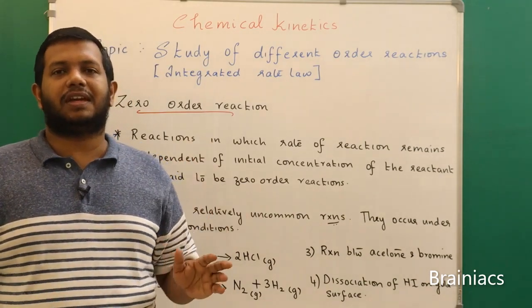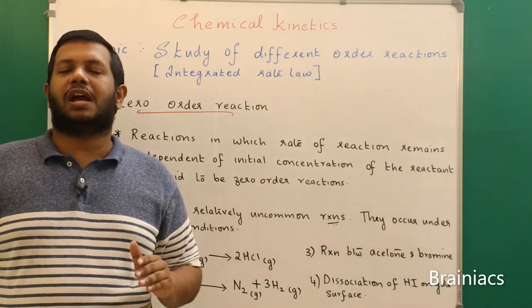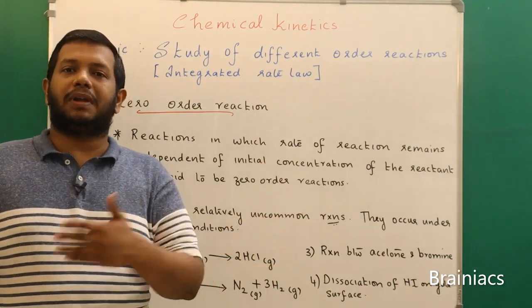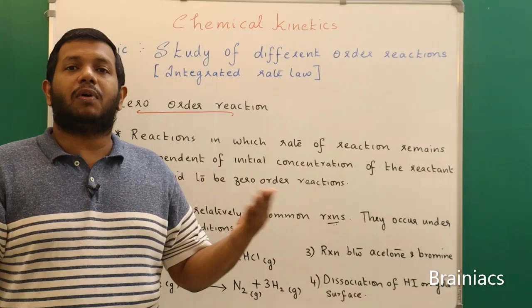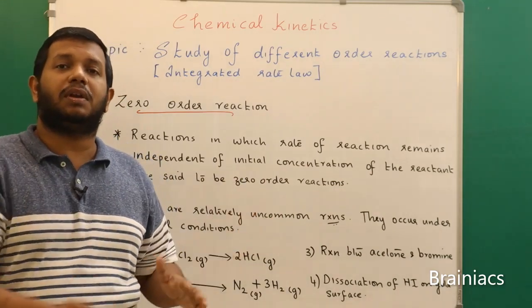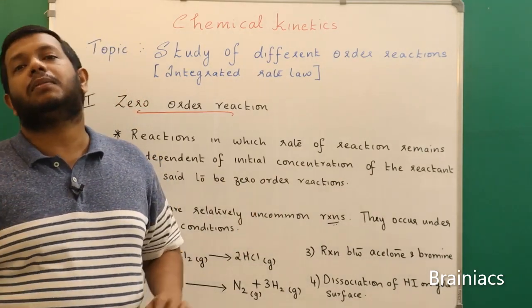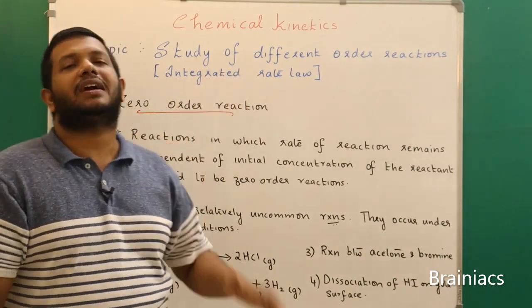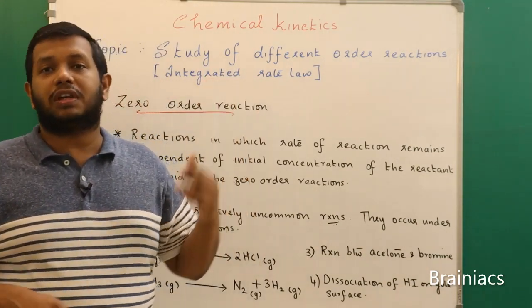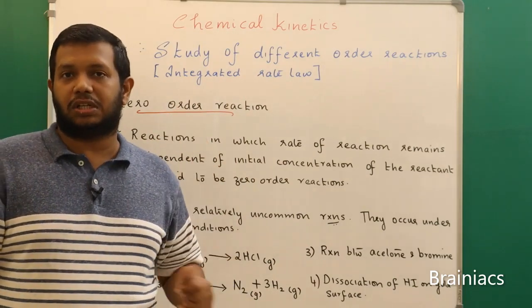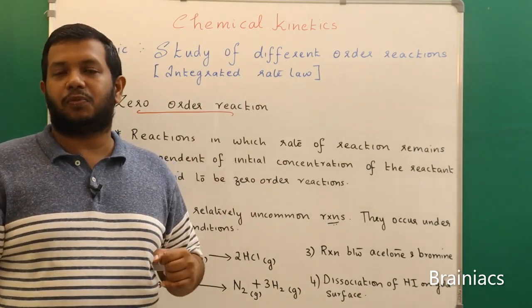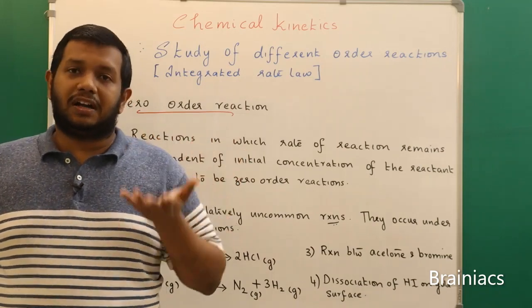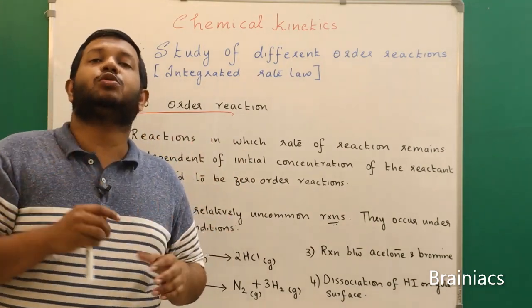For example, a reaction starts at time 0 and completes after half an hour, and they want to know the rate of the reaction between the 14th minute and the 15th minute. They can directly apply this integrated rate law, because we use the concept of definite integration, which gives you the difference between two particular intervals.